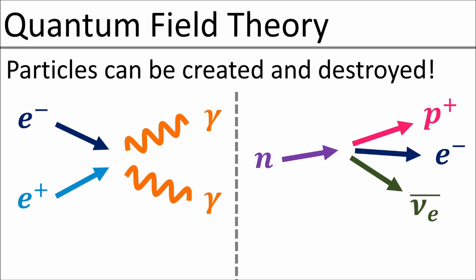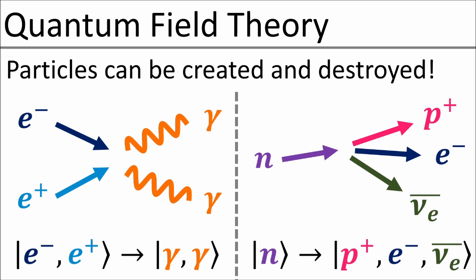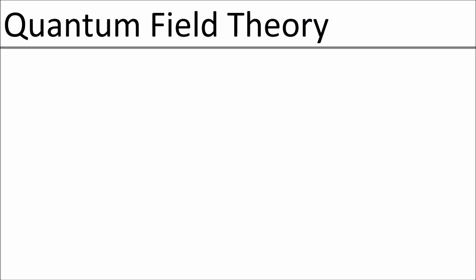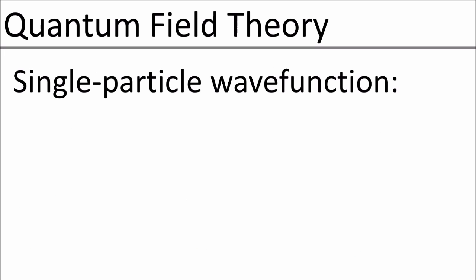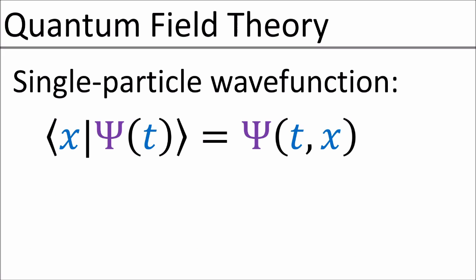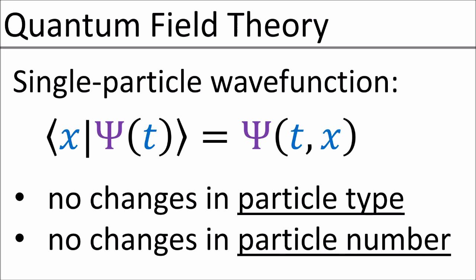So in order to be able to explain these phenomena, we need to be able to allow for quantum states to transition between different particle types, or even different numbers of particles. We're going to have to leave behind the idea of a wave function for a single particle evolving over time, because this does not allow changes in particle type or particle number.